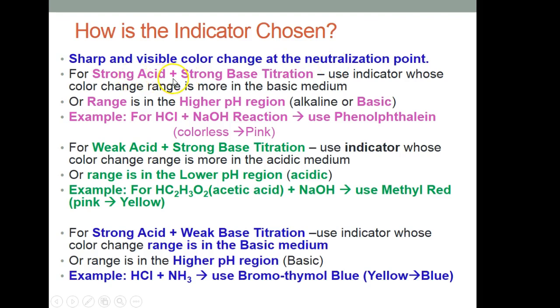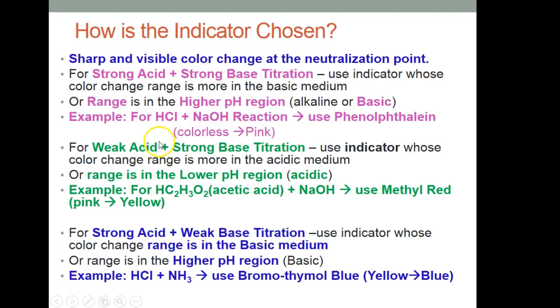If it's a strong acid and a strong base titration, you have to use an indicator which shows the sharp color change in the more basic region, in the higher pH region, which is why for HCl and NaOH, phenolphthalein is the ideal indicator, because there's a sharp change from colorless in the acid region to pink in the basic region.